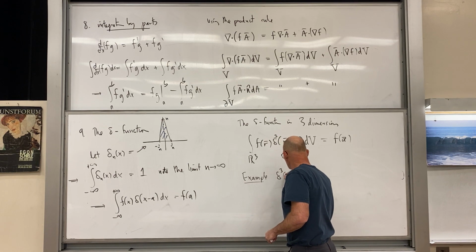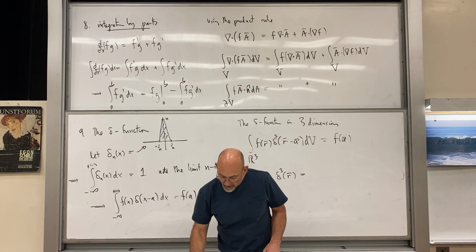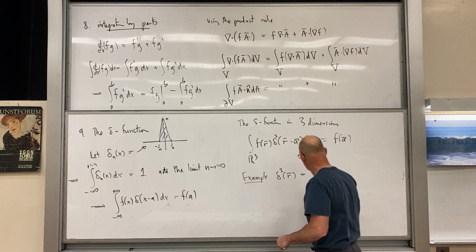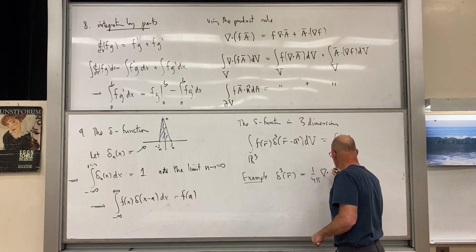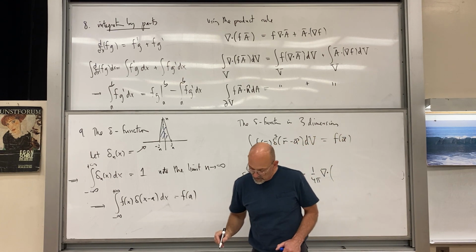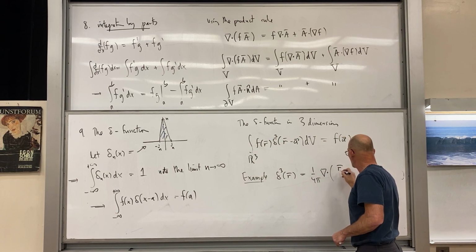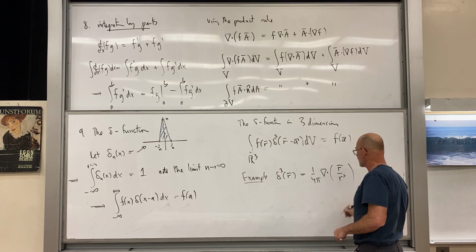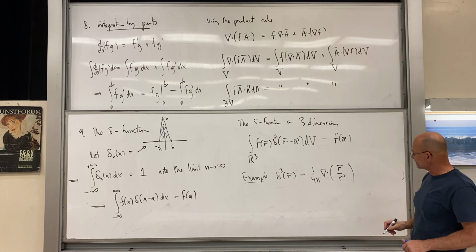This delta cubed of r is equal to, we've got a factor of 1 over 4 pi, 1 over 4 pi times the divergence of r over r cubed. Okay, so that's an example of a delta function.